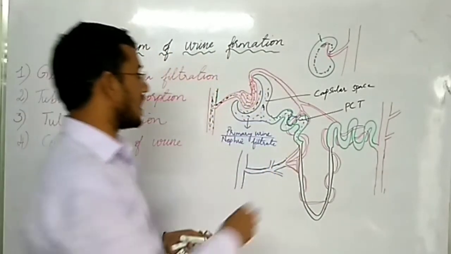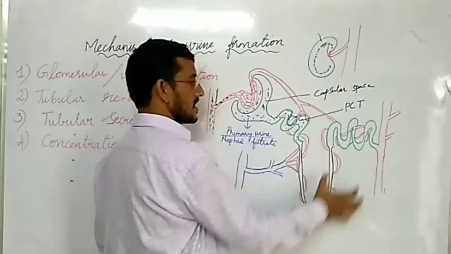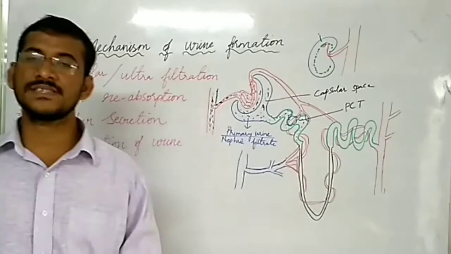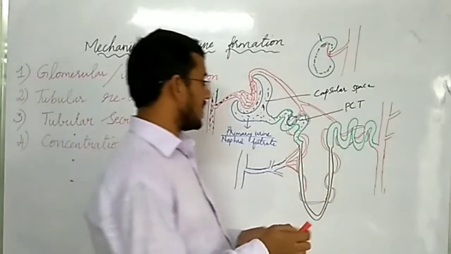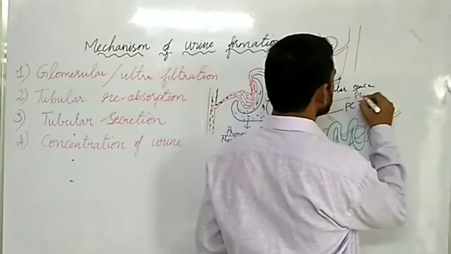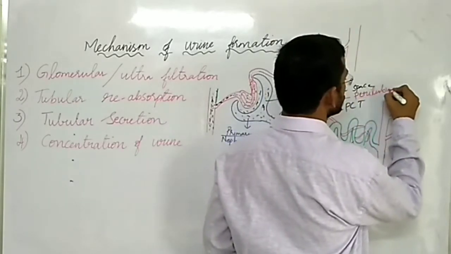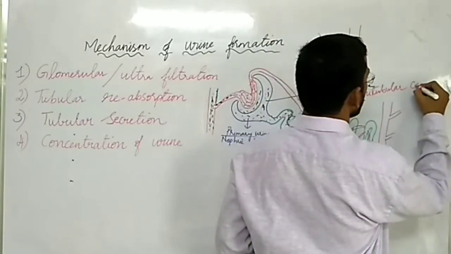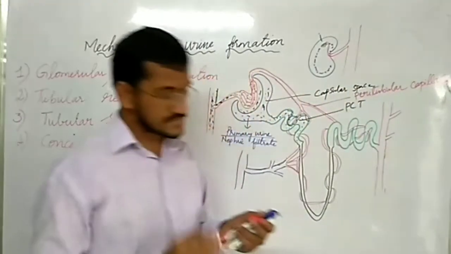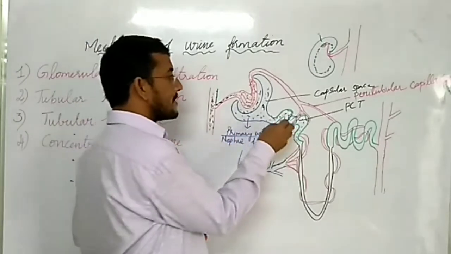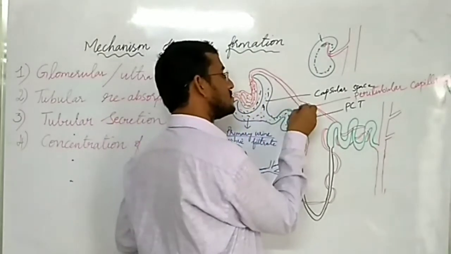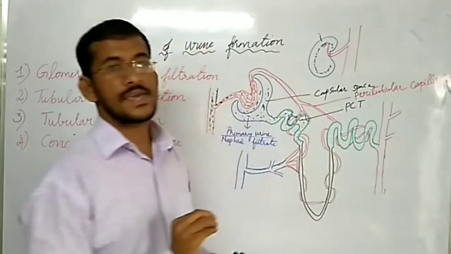The capillaries connected to the PCT, loop of Henle and DCT are called peritubular capillaries. So the PCT absorbs all the nutrients and gives them to the peritubular capillaries.